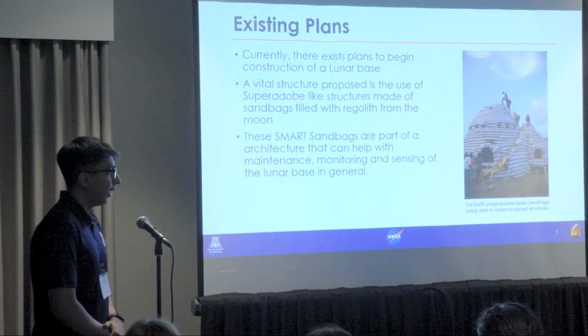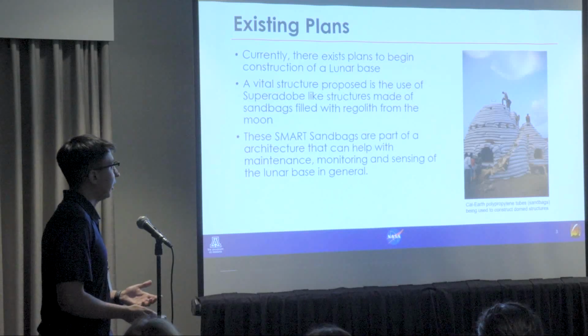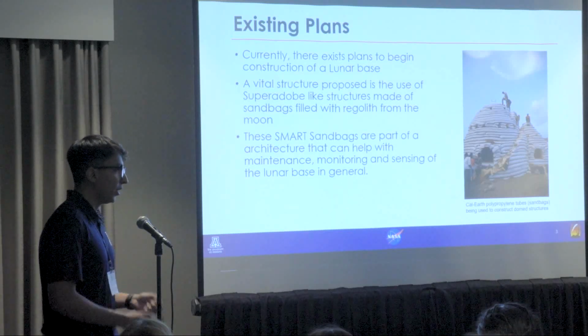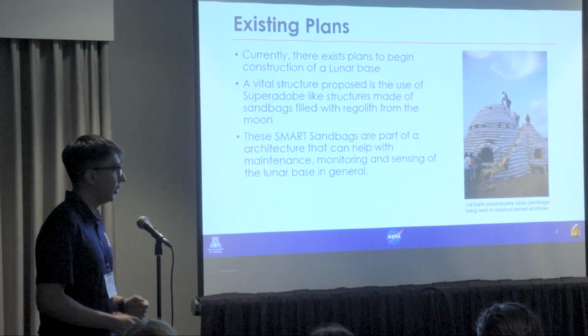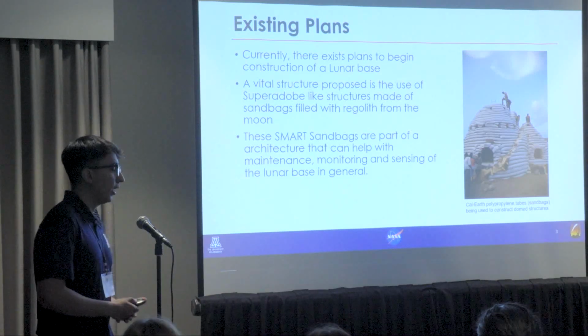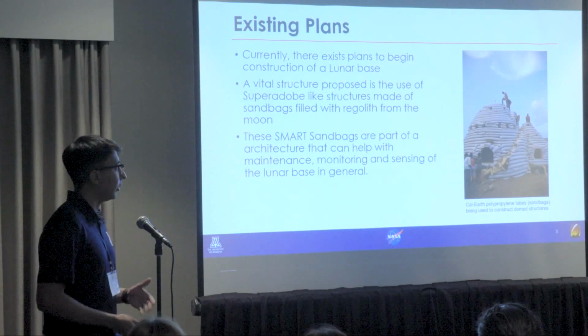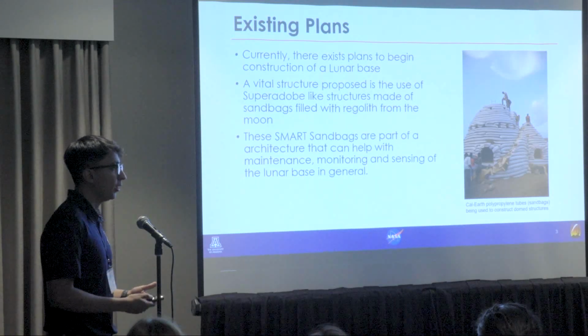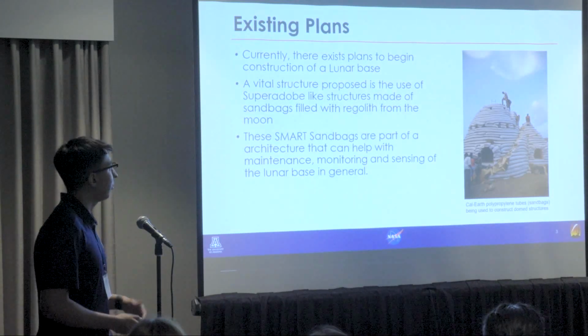The existing plans are that we do want to create a lunar base, but before we establish humans in this base, we need to make it autonomous and make sure it could run by itself, and everything could be made before we come in and start establishing our presence there.